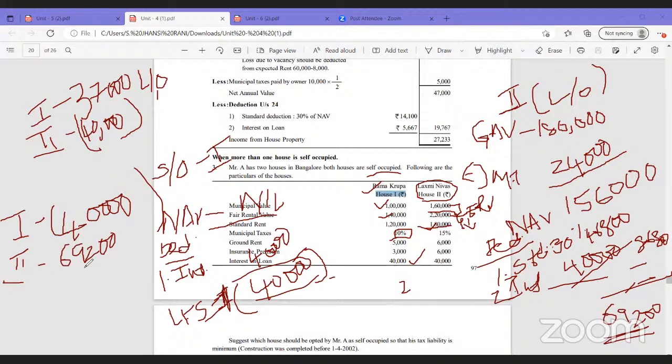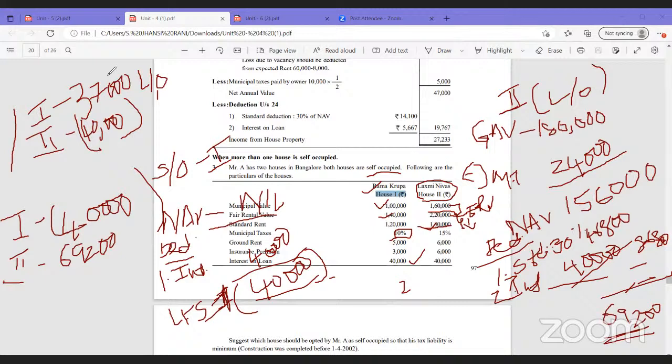Ma'am, I think second situation. No. We will go with first situation. Why? I will tell. Because as an individual, we always want to show less income so that we pay less income tax. Am I right? Yes.